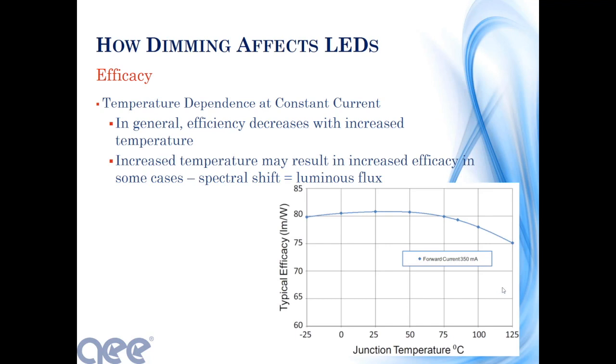So as far as the effect of dimming on LEDs, we'll talk about efficacy. Remember, what is efficacy? It's a ratio, a calculation between the light that's being emitted and how much power it takes to make that light, right?